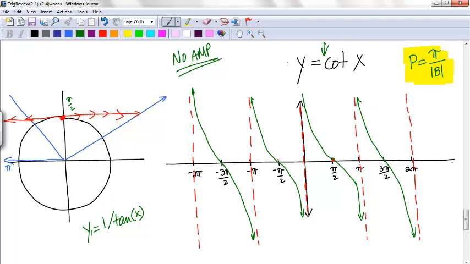Go down to y sub 2. If I put in y sub 2, some of you will like to use the reciprocal key. You do tangent of x, close the parentheses, and then use the reciprocal key. That's not inverse tangent, it's the x to the negative 1 key, the reciprocal key.